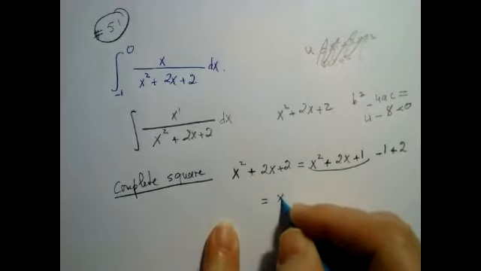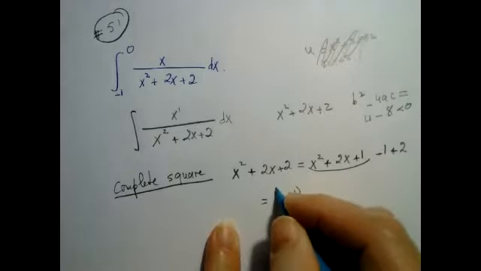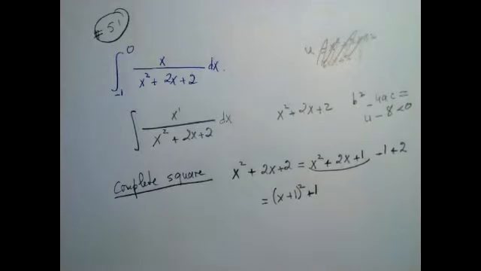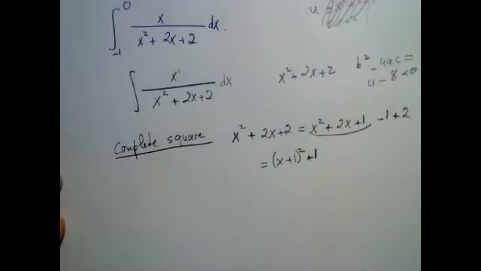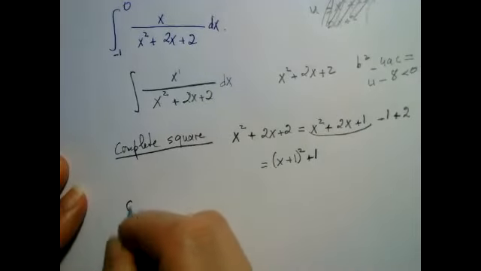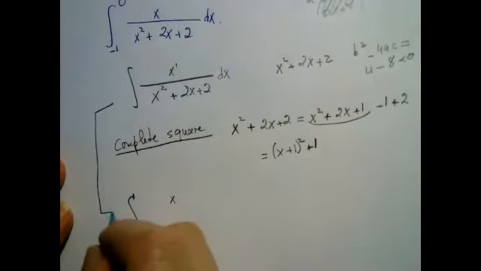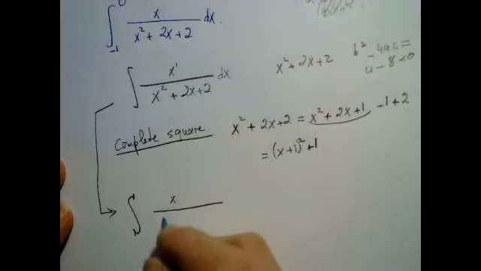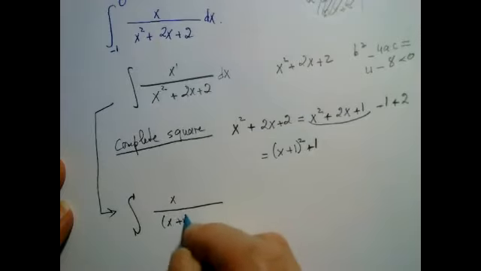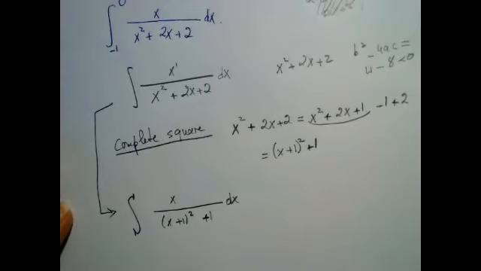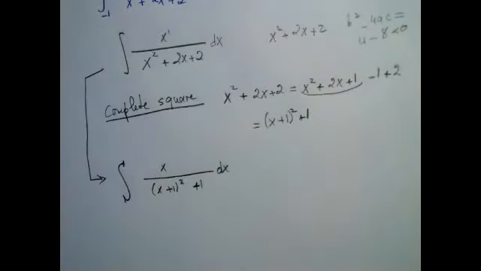So this would give me x plus 1 squared plus 1. Okay. So now my integral becomes the integral of x over the quantity x plus 1 squared plus 1 dx. Okay, so it becomes much, much simpler.